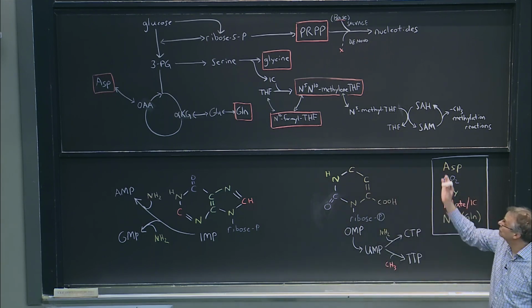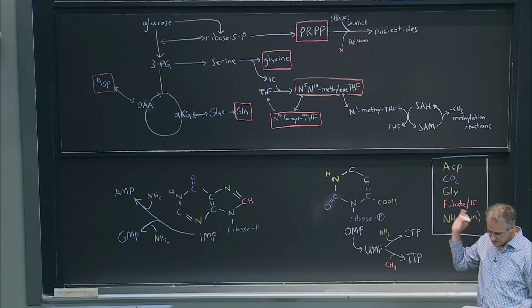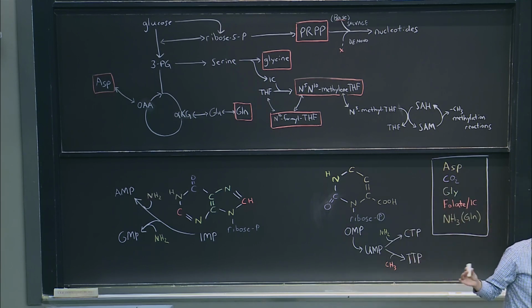You can see it's really drawn from across these metabolic pathways. As we go through these, you'll see that you actually know a lot, and this synthesizes what we've learned from lots of other pathways coming together into understanding how cells make purines and pyrimidines.